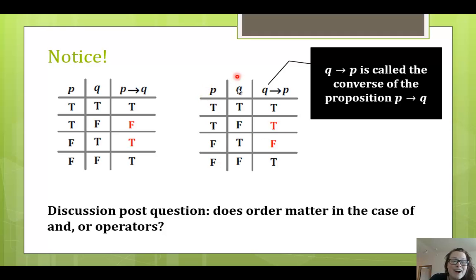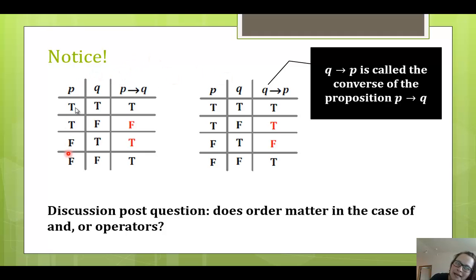And notice our columns are the same, okay? If I changed this guy and named him Q, and this guy and named him P, then these would be in the same order as this, but it wouldn't be able to be interpreted the same way. I'm not sure if you understand what I'm saying.